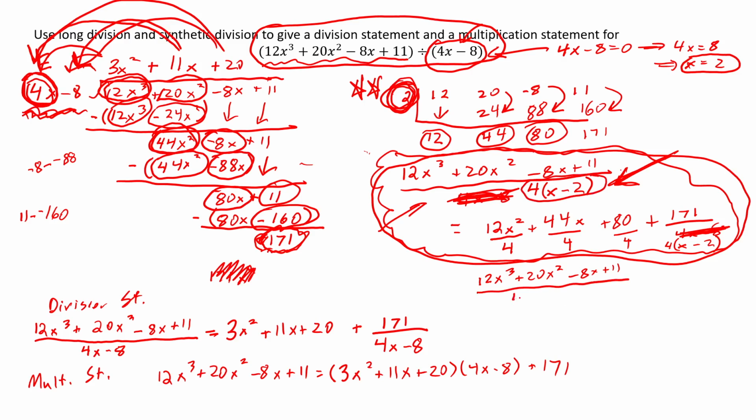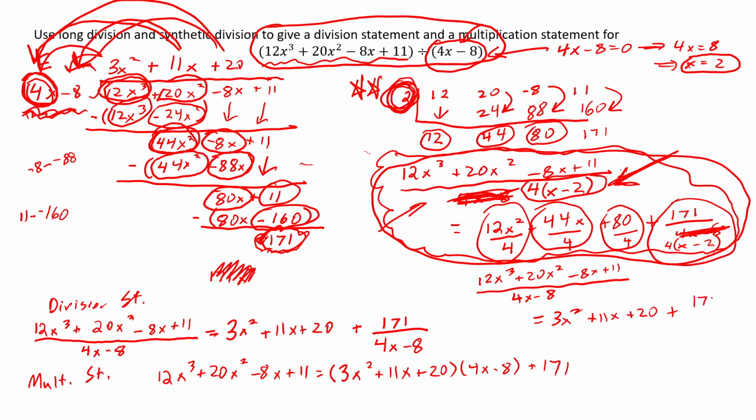I'll express that as 4x minus 8. And that's going to equal 12x squared over 4, which is 3x squared, plus 44x over 4, which is 11x, plus 80 over 4, which is 20, plus 171 over 4 times quantity x minus 2, which is 171 over 4x minus 8.